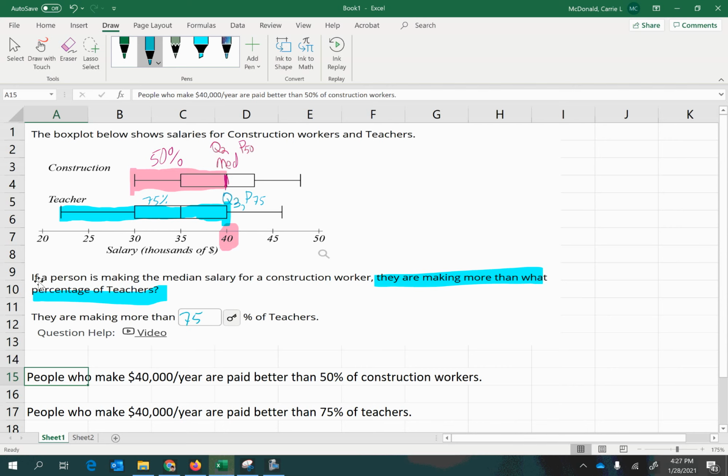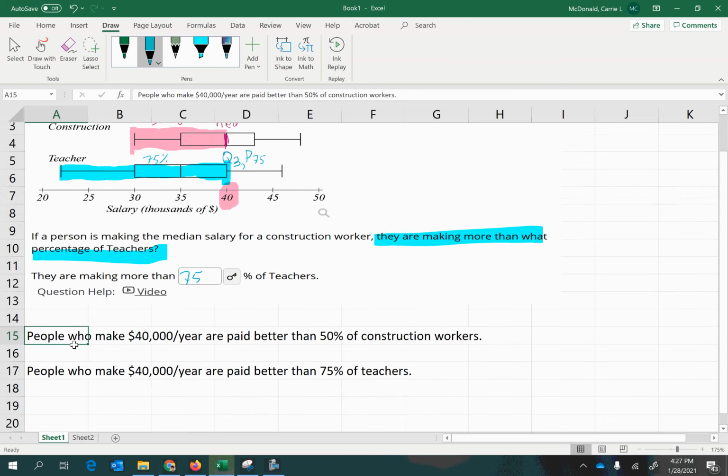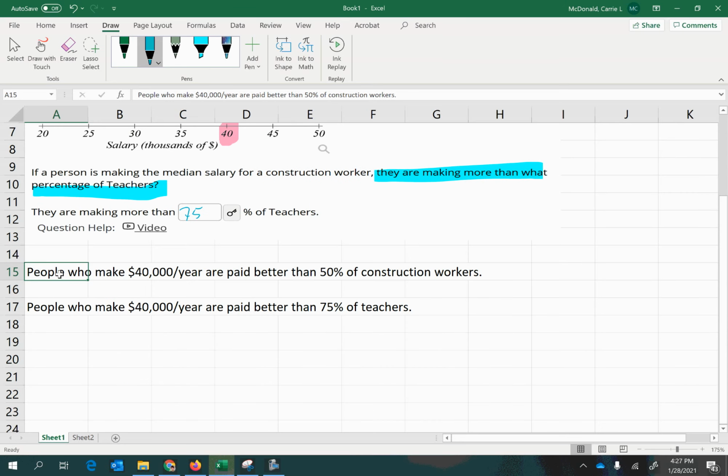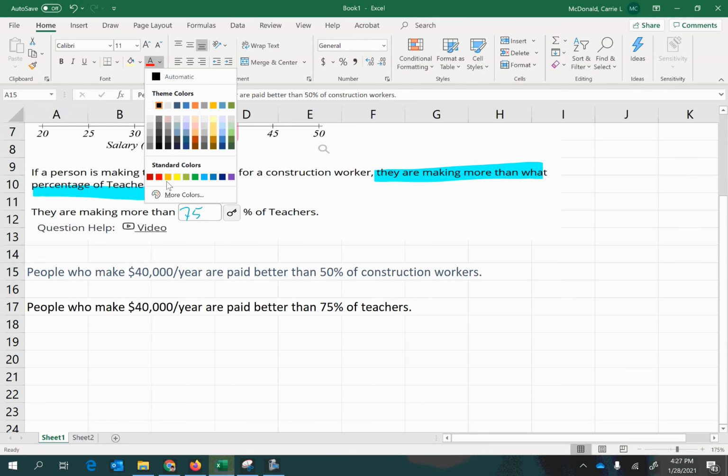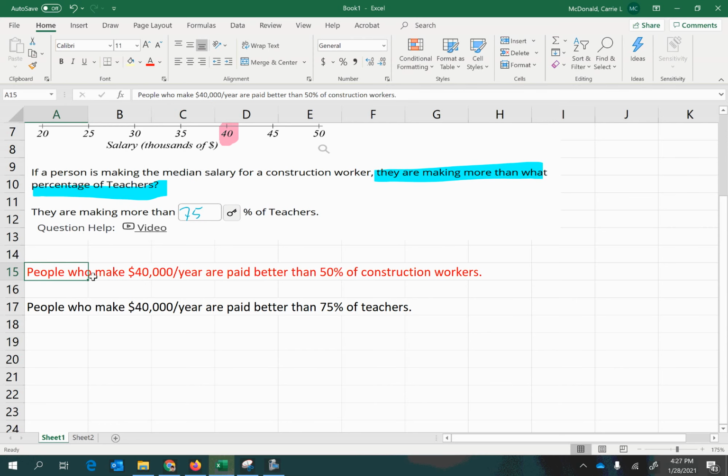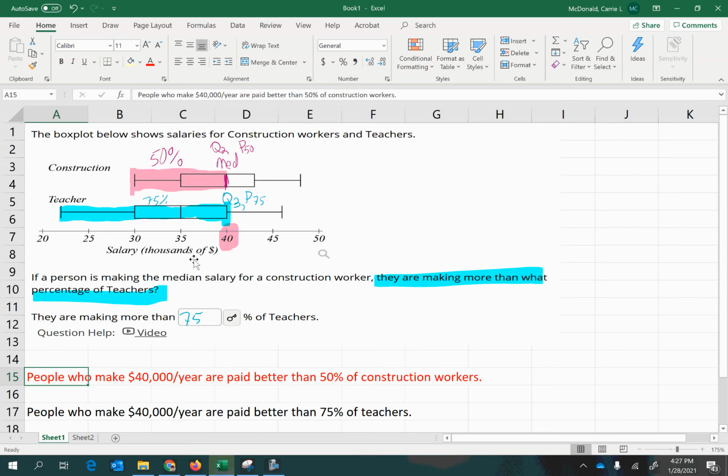So again, let's read this. If a person is making the median salary for a construction worker, okay, right here, $40,000, then that person is making more than what percentage of teachers? So they switched it up on us. So in other words, if we look at these statements that I have written down here, the people who make $40,000 a year are paid better than 50% of construction workers because 40,000 was the 50th percentile or the median or the second quartile.